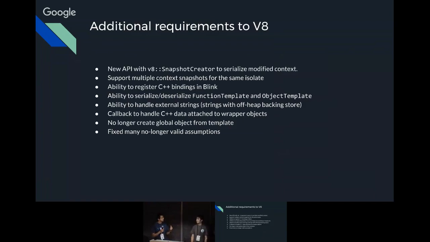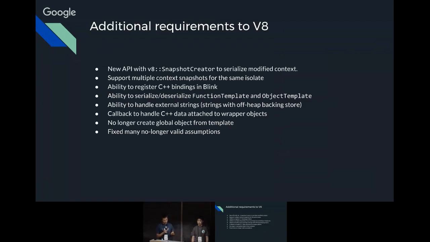And we added the ability to handle external strings, which are strings with a backing store in Blink, but accessible directly in V8. That, for example, wasn't feasible before in the V8 snapshot.